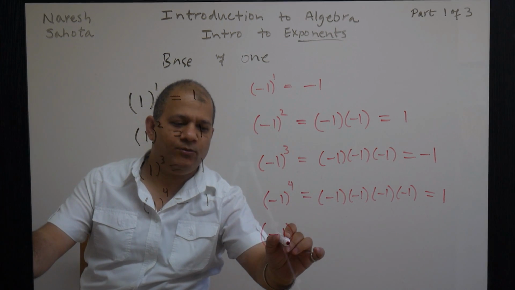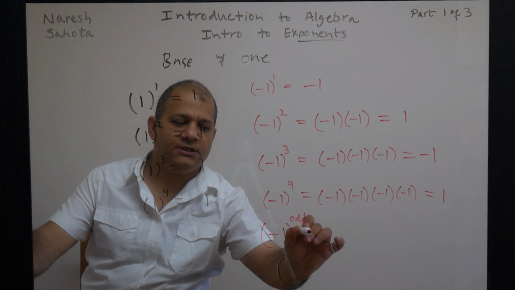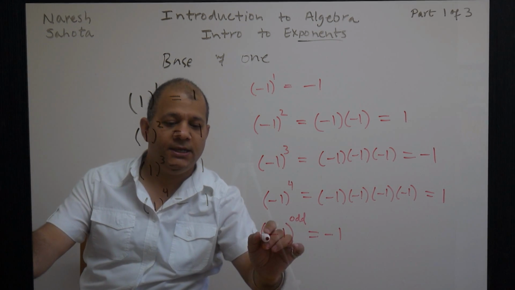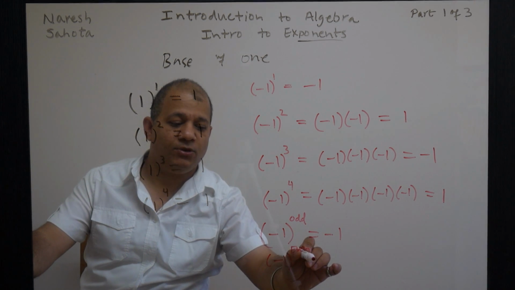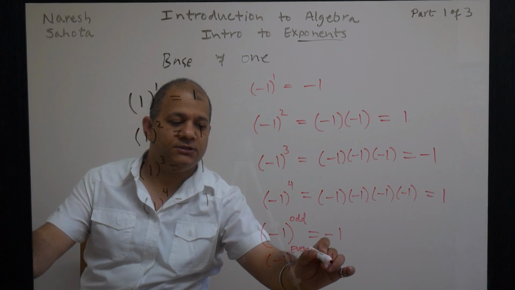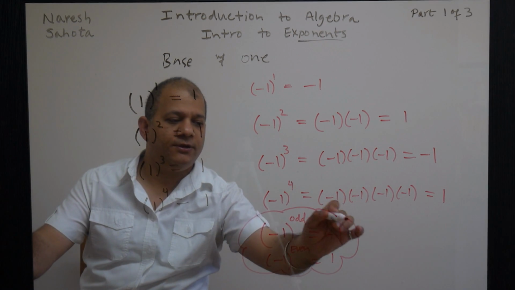So the lesson here is I had a base of negative 1. When I have negative 1 raised to an odd exponent, the answer is always negative 1. And when I have negative 1 raised to an even exponent, the answer is always positive 1. So this is what you want to learn from this.